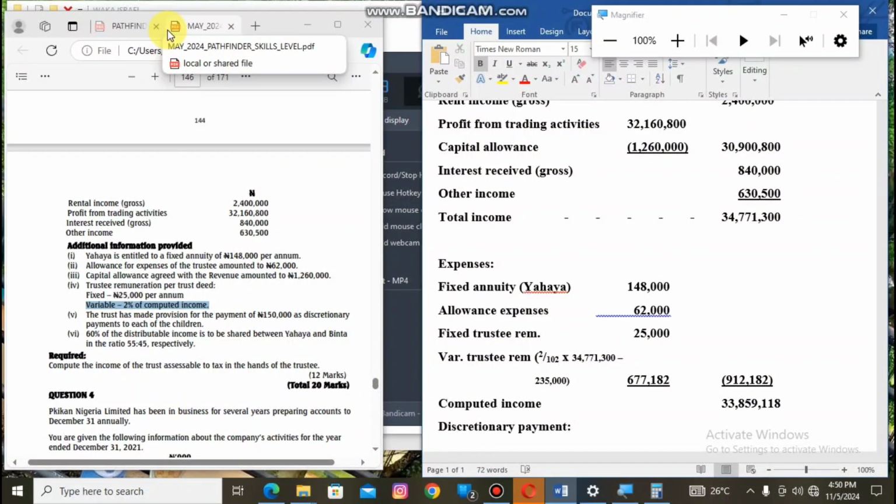How much? You're told that the trustee has made a payment of 150,000 naira as discretionary payment. Okay, so let's work that. 150,000 naira times 2 of them, Yaya and Binta.